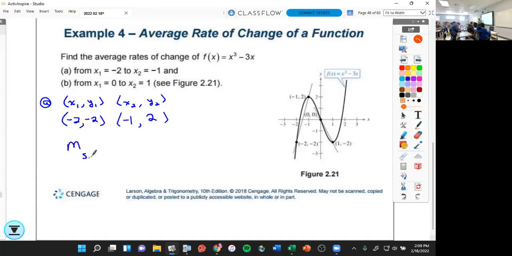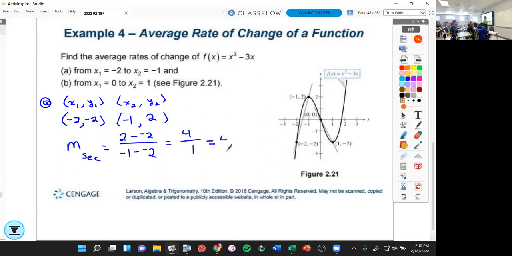The slope of the secant is y2 minus -2, divided by -1 minus -2. 2 minus -2, which is 4. Does it appear that the slope of this line is 4? Is this line going up? Is this line steep? Does 4 make sense?